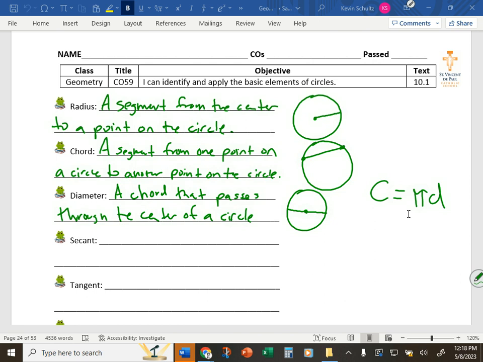So to come up with a good estimation, measure the distance across a circle and then multiply it by about 3. And that's going to give you an estimation of that circumference. Questions so far? Because I'm going to erase this and scroll on down. Oh no, you're totally good. I appreciate it. All right.